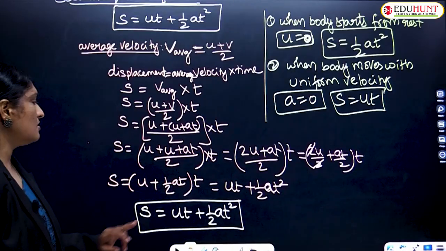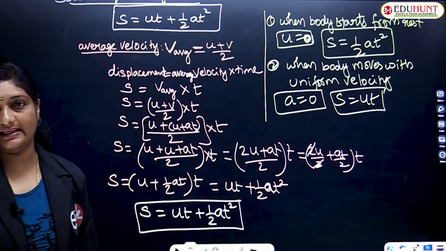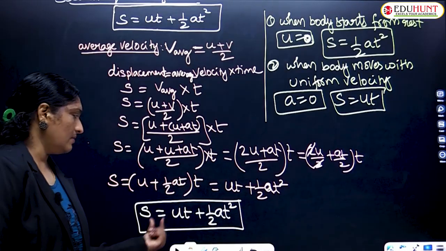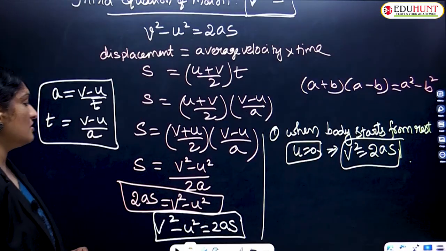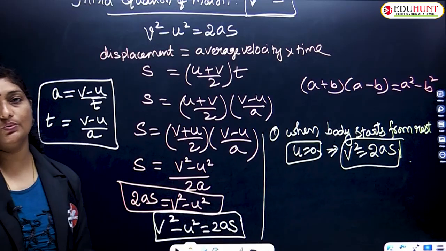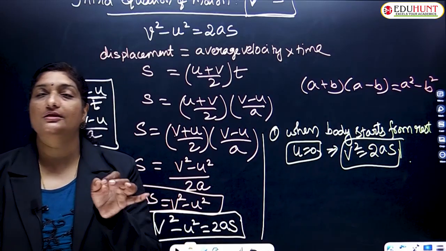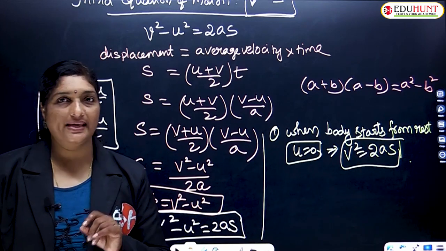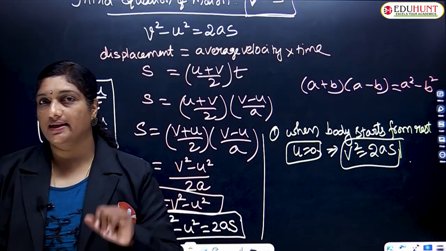The second equation of motion was s equals ut plus half at square. And the third equation of motion was v square minus u square equals 2as. I hope all the 3 equations are clear to you.